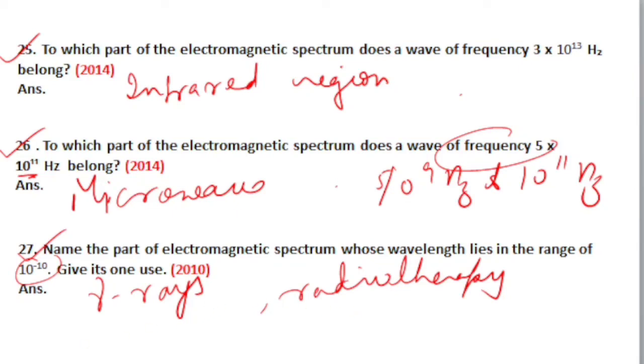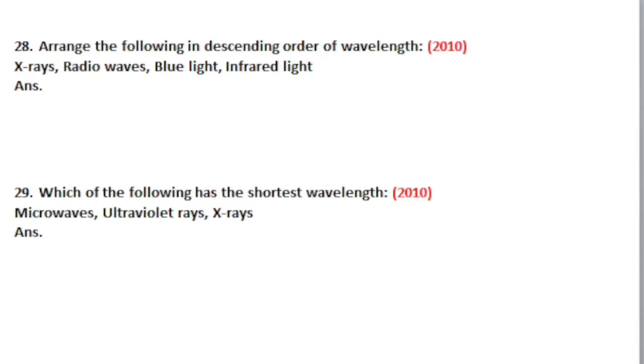Okay. Now after this, next question number 28. Arrange the following in descending order of wavelength. After that, question 29 is to find the shortest wavelength. First, arrange the following in descending order of wavelength: X-rays, radio waves, blue light and infrared. Which one has highest wavelength?